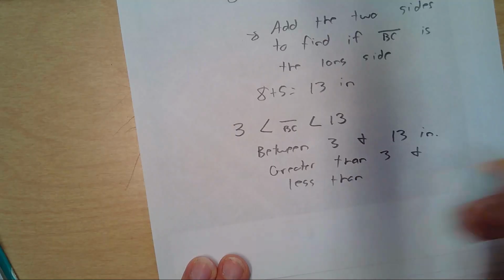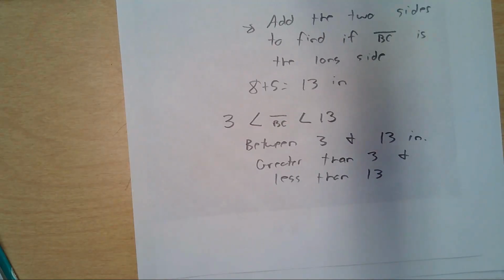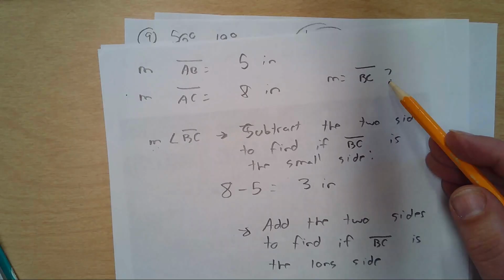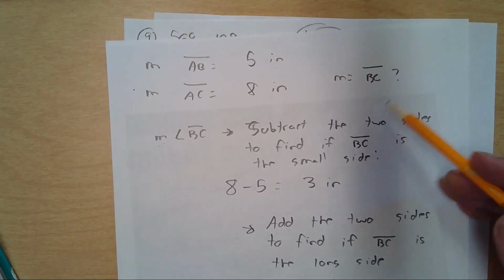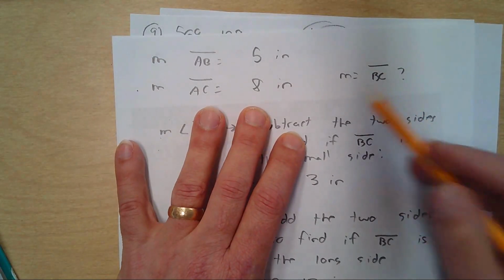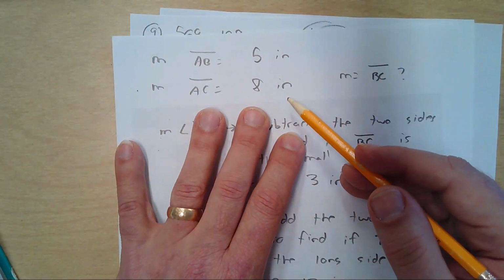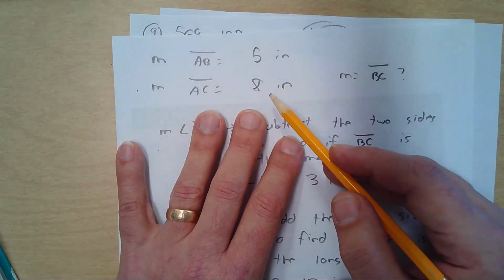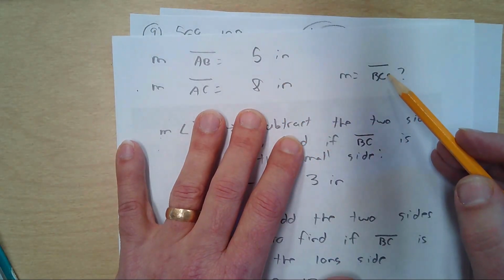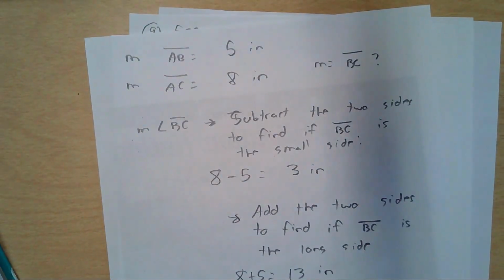I need to know, because I don't know if BC is the longest side, the shortest side, or somewhere in the middle. Whatever it is, it has to be at least 3 inches long, because 3 plus 5 is 8. That makes a triangle. But if it's the longest side, 5 plus 8 is 13. So whatever it is, it's somewhere between 3 and 13 inches.